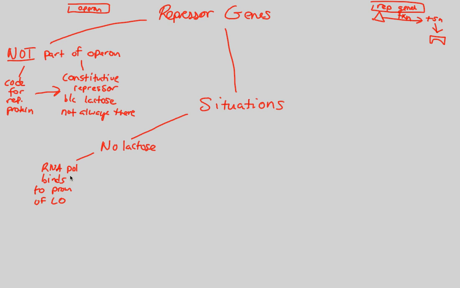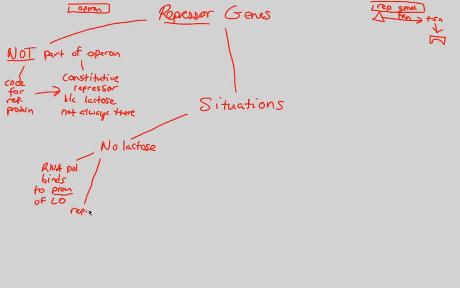So there's nothing to stop this RNA polymerase from simply binding to the promoter. Now, what's going to stop it from binding and then transcribing? That's obviously going to be a repressor. If you remember, next to the promoter is what region? An operator region.